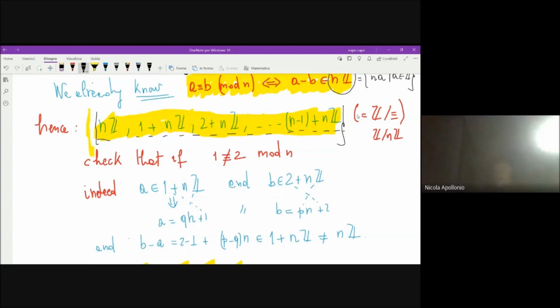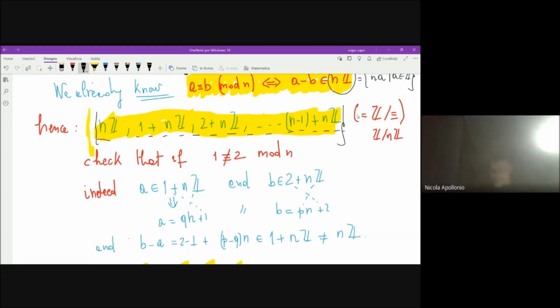These are the multiples of n, the multiples of n plus 1, the multiples of n plus 2, up to the multiples of n plus n minus 1. Why not the multiples of n plus n? Because the multiples of n plus n is the same as the multiples of n. The multiples of n minus 1 plus 3 is the same as the multiples of 2.